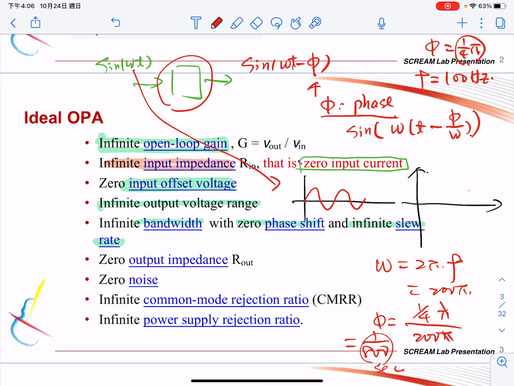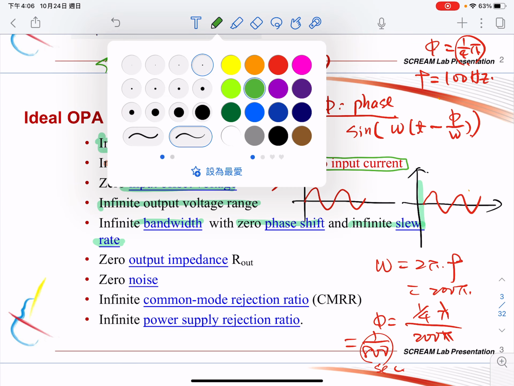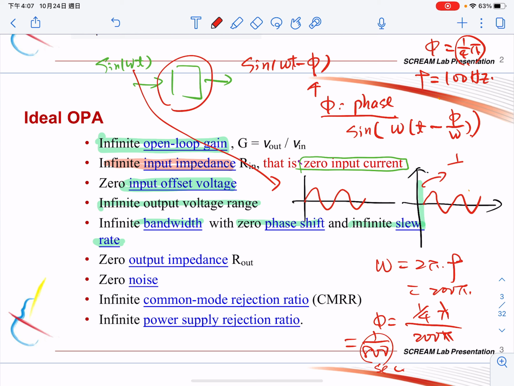That means that the sine wave will be delayed by 1 over 800 seconds, right? And we call this the phase shift. It means that the input signal is altered, because the signal is delayed. We don't want this, so for zero phase delay, we want phi equal to 0.